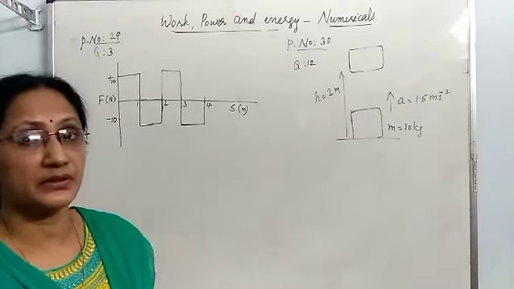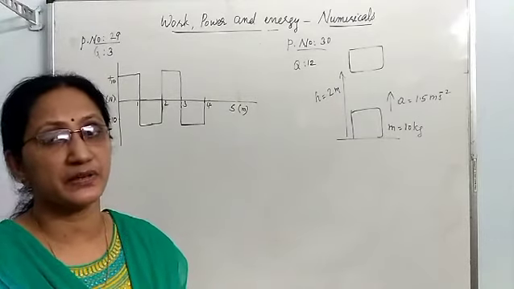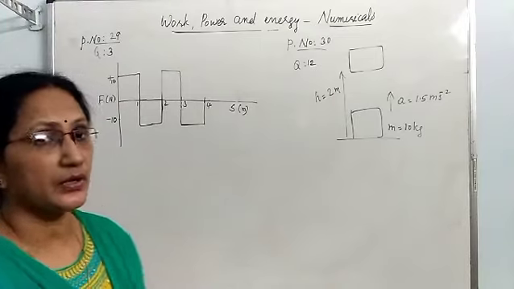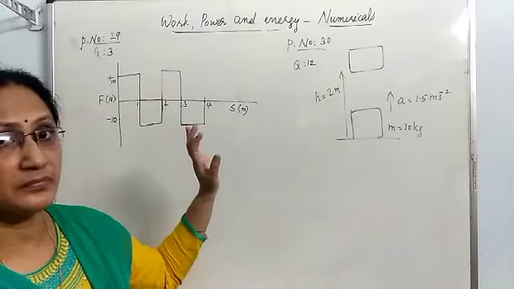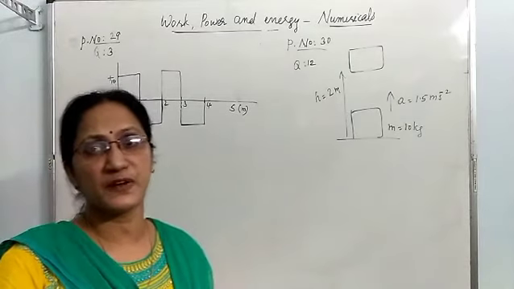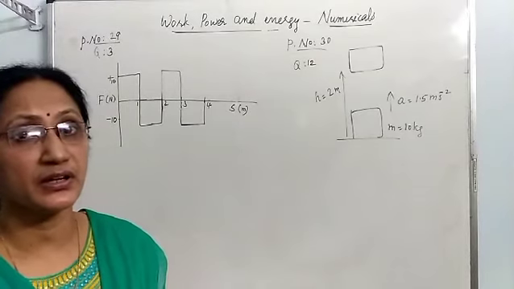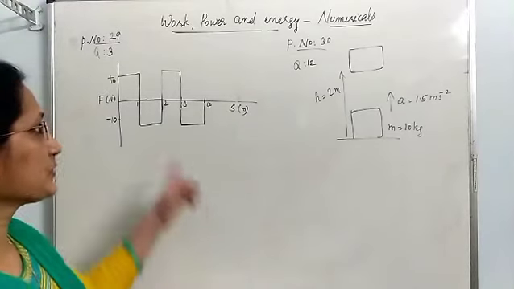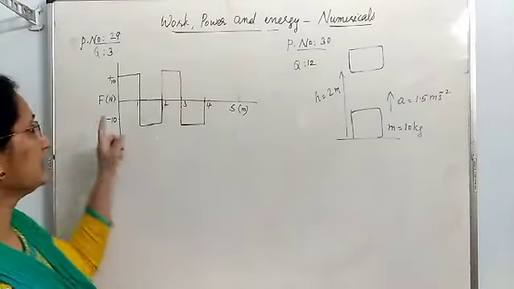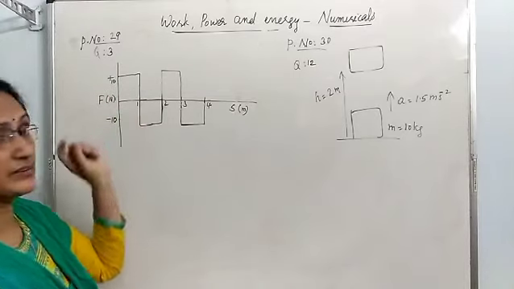In the previous part 1, I taught about force displacement time graph. In a force displacement graph, you can find out the work done by finding out the area under the graph. So here we will find out the work done in the first 1 meter displacement.